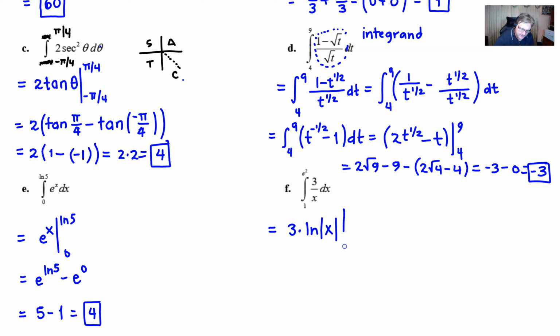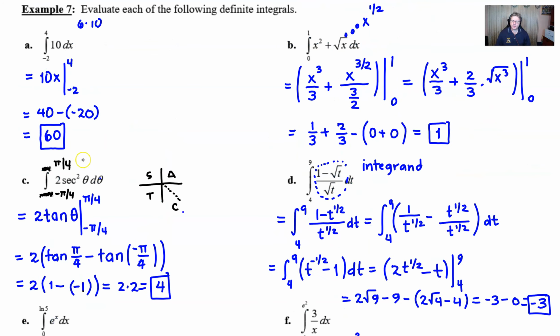Now notice in all of these problems, you don't have a plus c. We draw our "such that" bar and our boundaries e squared and 1. And I said I was going to talk about why there isn't a plus c. Well, if we had a plus c after our expressions, by the time we plug in the boundaries and subtract, those two c's would be connected by a subtraction symbol and would thus disappear.